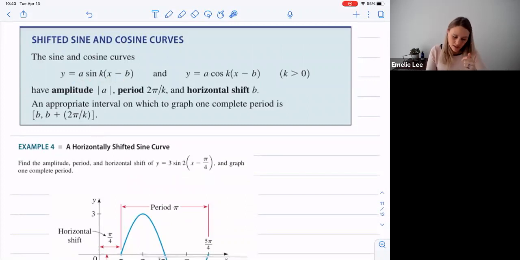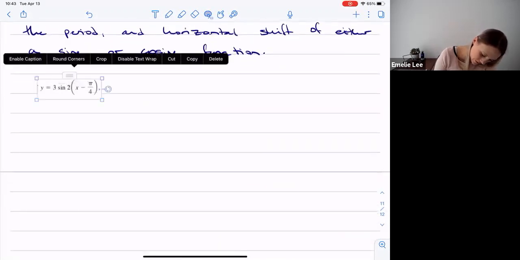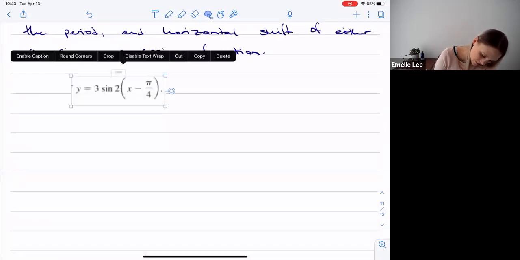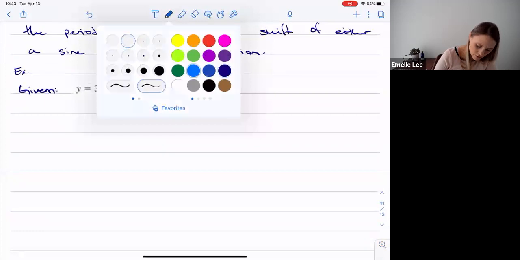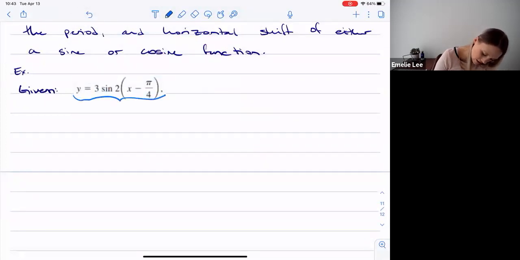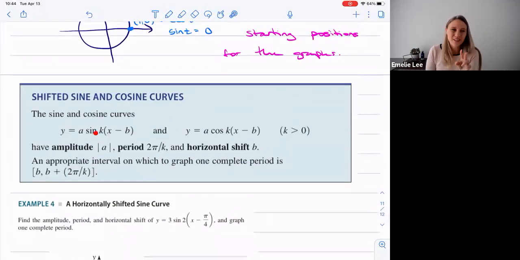So for this example, we're given this, and what we have to do is rearrange this to match either this one or this one, depending on if you have a sine or a cosine.